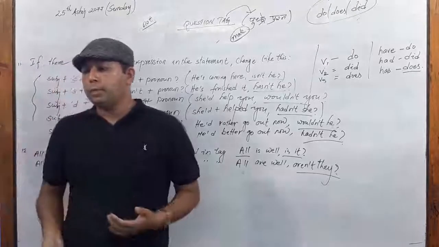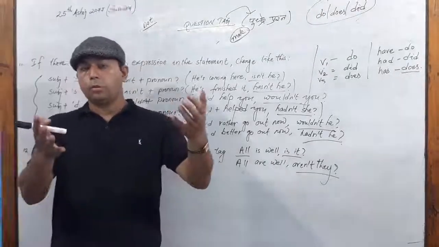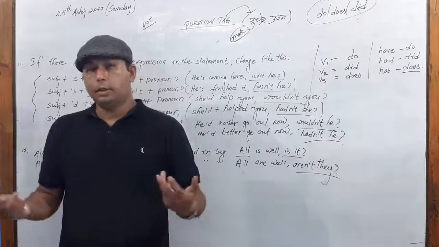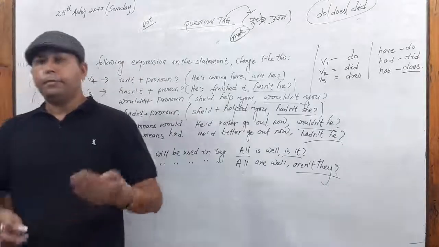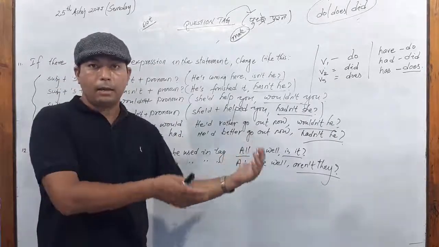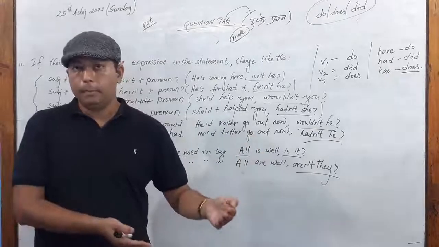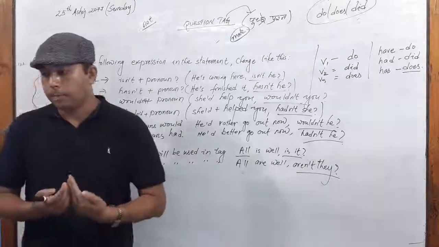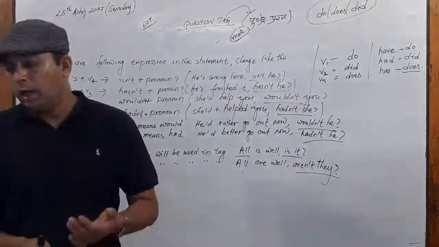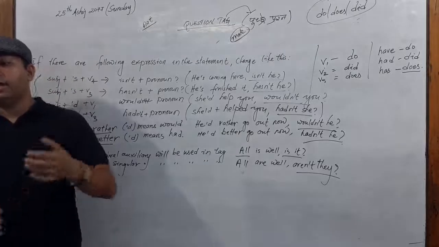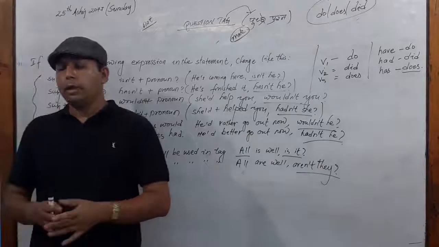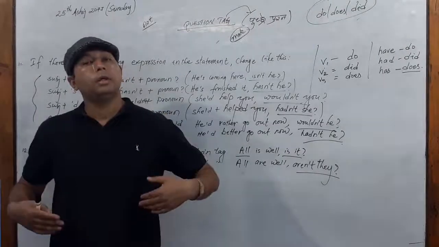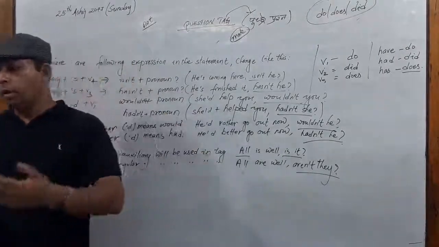Okay, if there are plural nouns, dogs, cows, etc., then they. Singular noun, dog, cow, then it. If a person's name like Ram, Hari, Sam, then he, male name. And female name Sita, Gita, then she. And if there is I and you, or he and I, that means we.